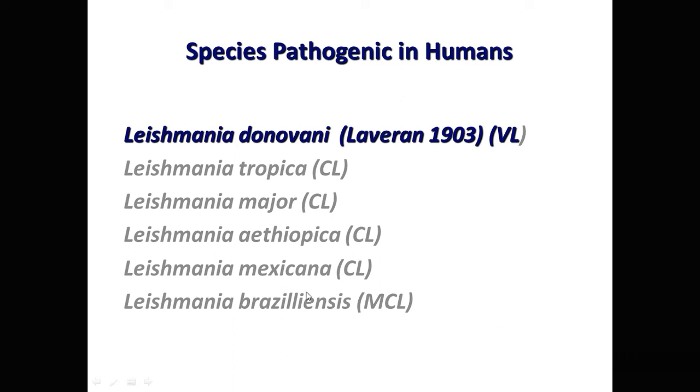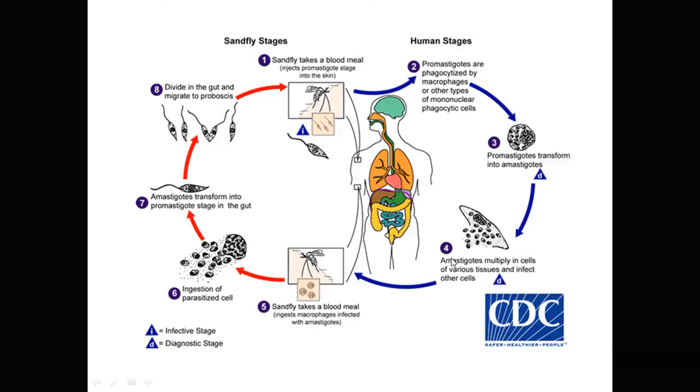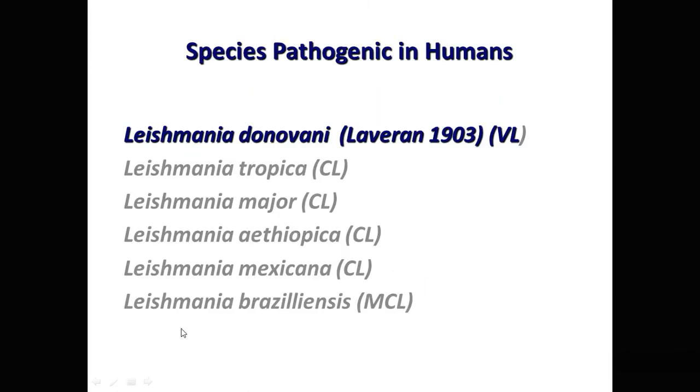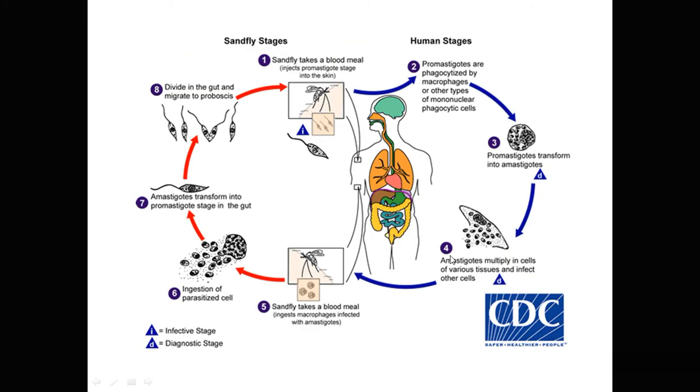Here are examples of some species, but there are many more. Leishmania donovani causes visceral. Leishmania tropica, major, aethiopica, mexicana cause cutaneous, while Leishmania braziliensis causes mucocutaneous leishmaniasis.